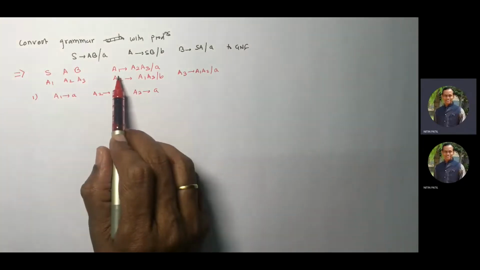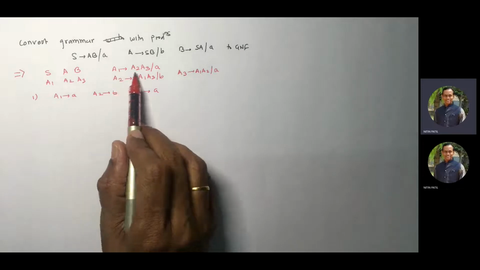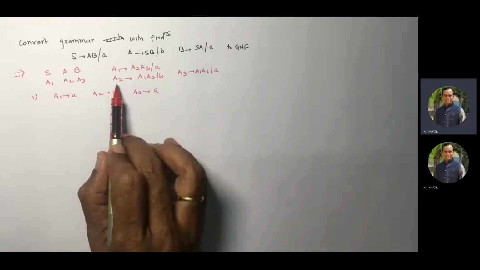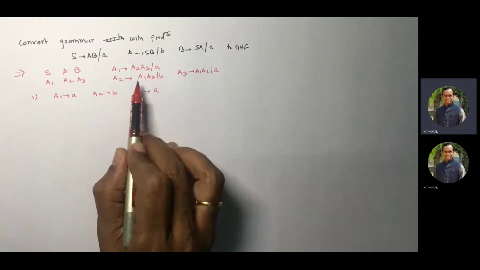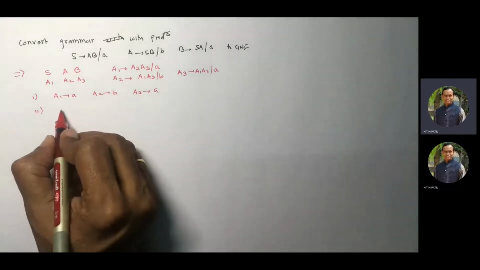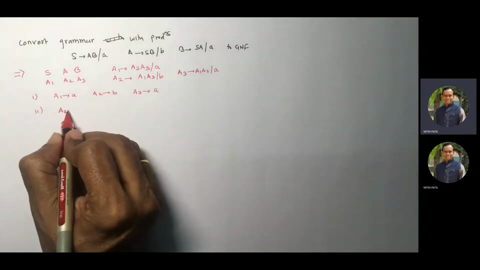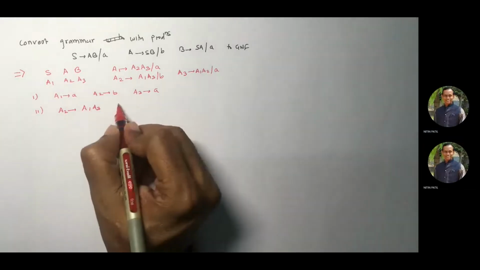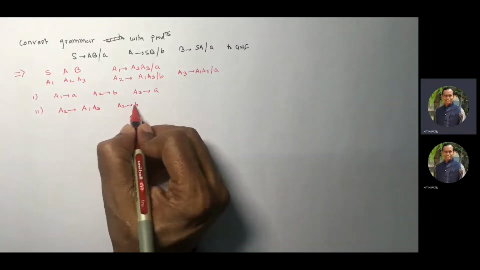Now we see the indexes of the remaining productions. So remaining productions are 1, 2, and 3. A1 gives A2, so it's okay. A2 gives A1, yes, this is where we have to start because this index is higher than this index. So pick A2 productions. So for A2 you have A1, A3, and A2 gives B.